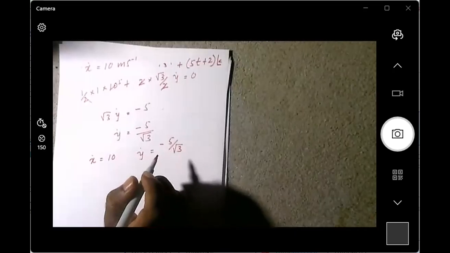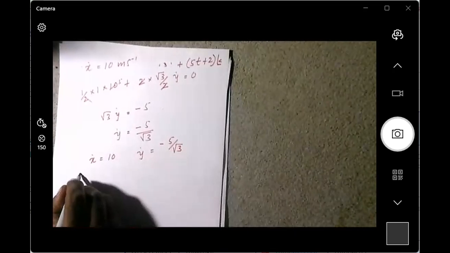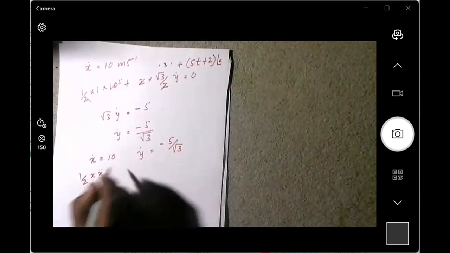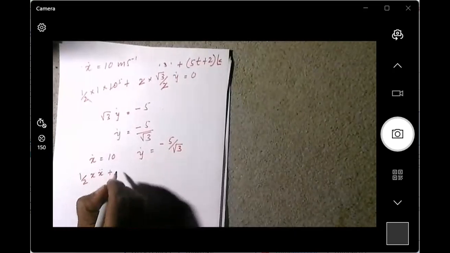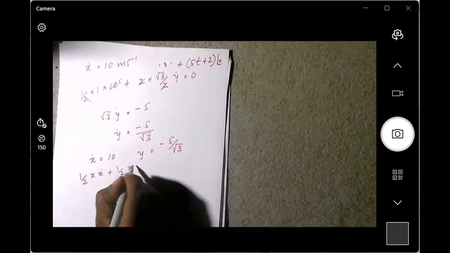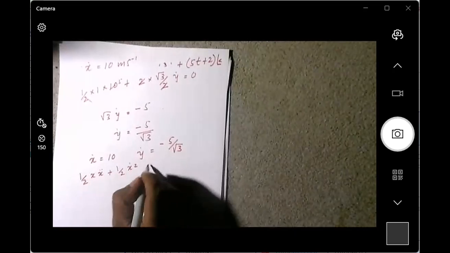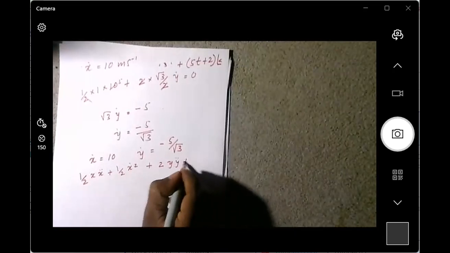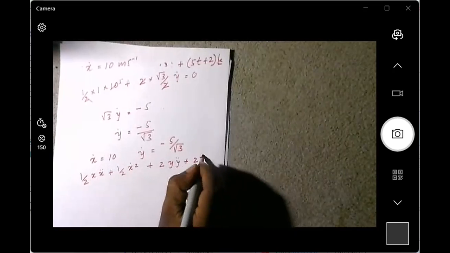Then differentiate again with respect to time. When we do that, half x into x double dot plus half x dot squared plus 2y into y double dot plus 2 y dot squared.